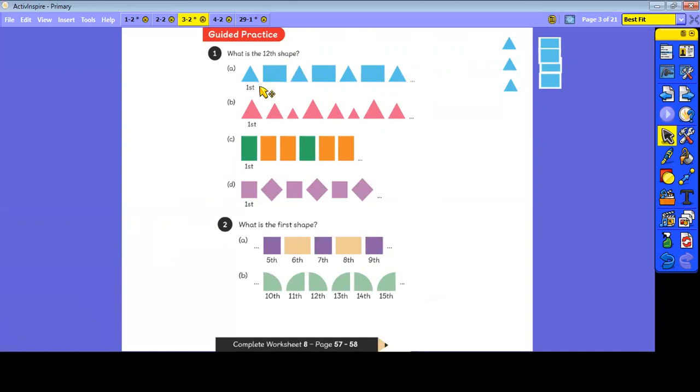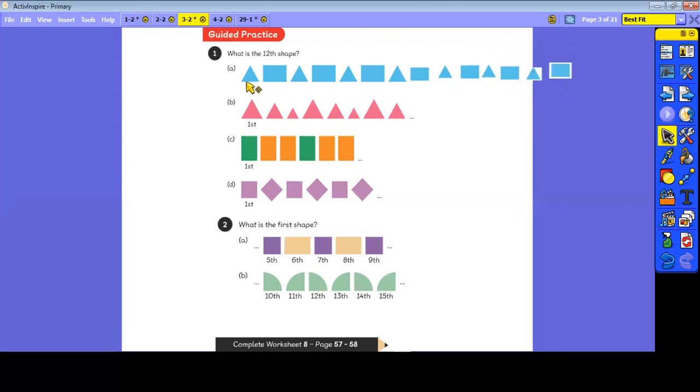So let's do the first couple together. The first one: triangle, rectangle, triangle, rectangle, triangle, rectangle, triangle, rectangle. We want to know what the 12th shape is going to be. Do we need to do this, triangle, rectangle, triangle, rectangle, until we get to the 12th shape? Or could we use our odd and even number facts to help us?